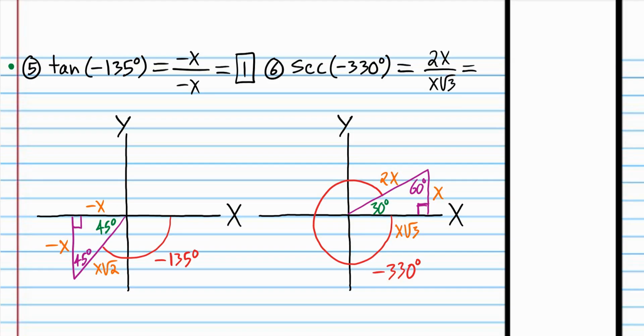But we do have a problem. We can cancel out the x's, but we have a root in the denominator. So we have to multiply both sides of the fraction by root 3, and that rationalizes the denominator. Now, if you have trouble rationalizing the denominator, then you can go to the previous classes.